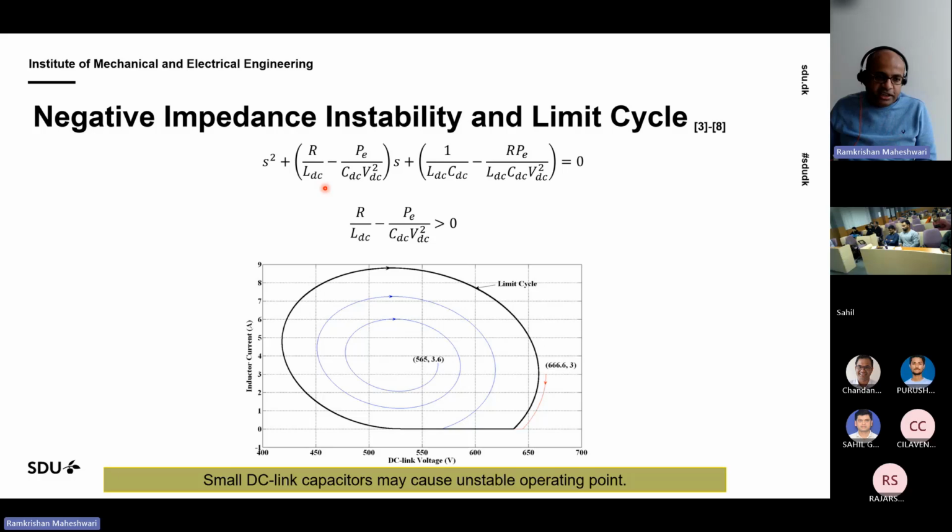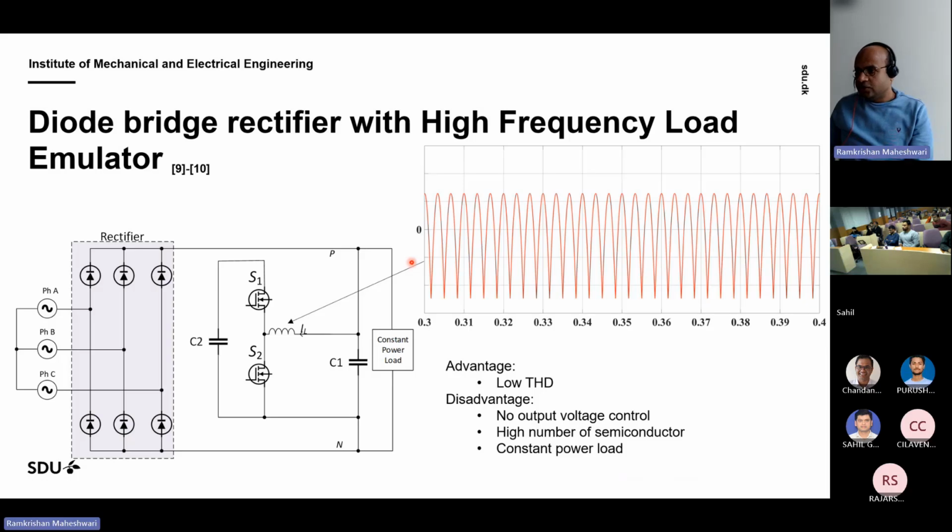So how can I stabilize the operating point? There are many ways to do that, and I will talk about two methods: by adding an extra circuit in the system, or by doing something in the control. So the first thing, if I add some extra circuit on the system.